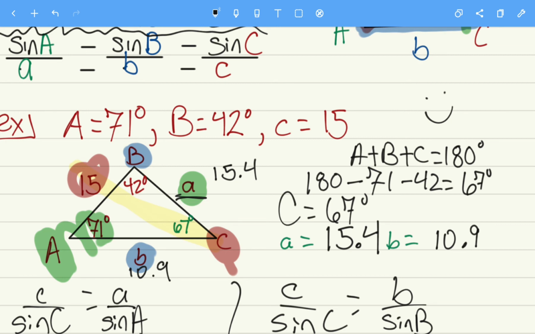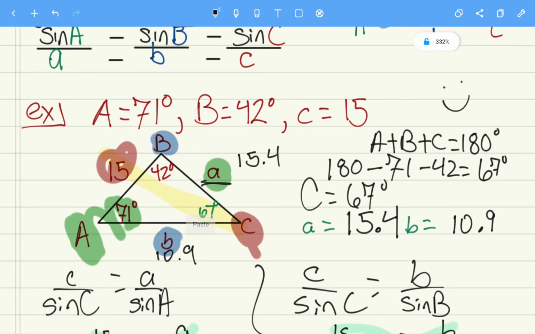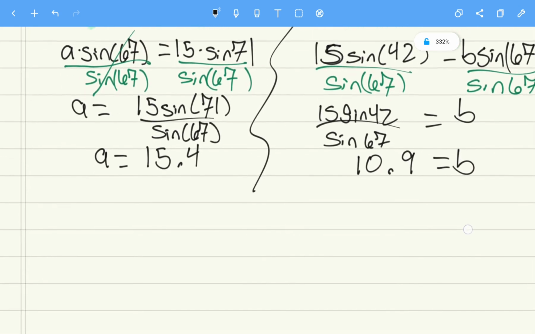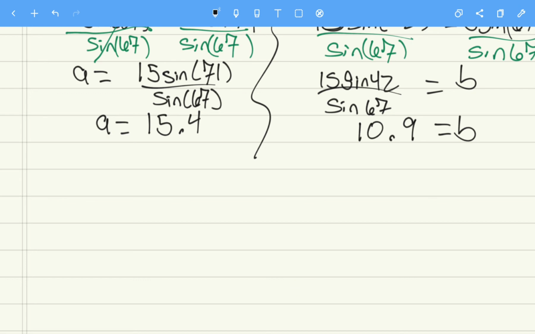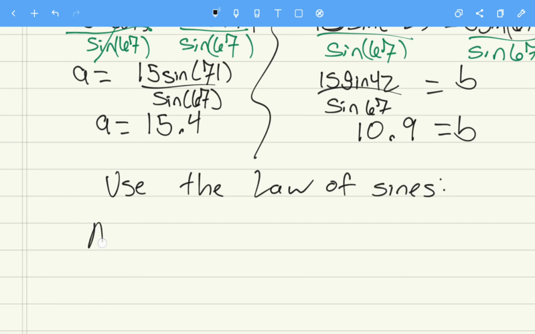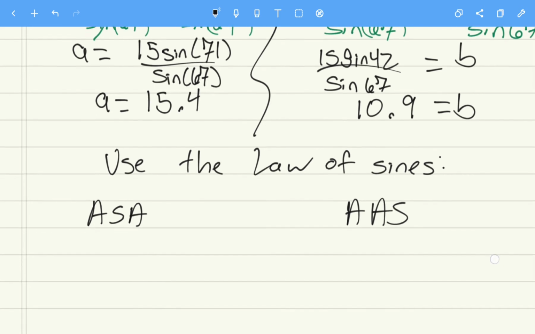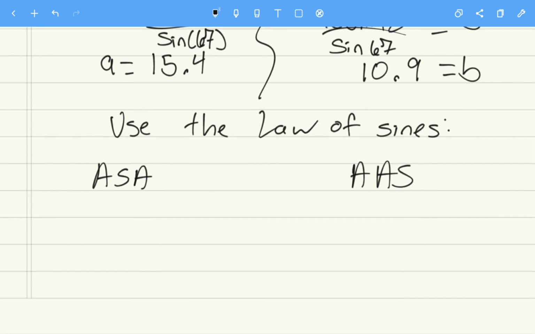So when do you want to use the law of sines? Real quick, we will use the law of sines when given an angle side angle case or an angle angle side. We can also use it during side side angle, but that is a little more complex, which we'll cover in a later video.